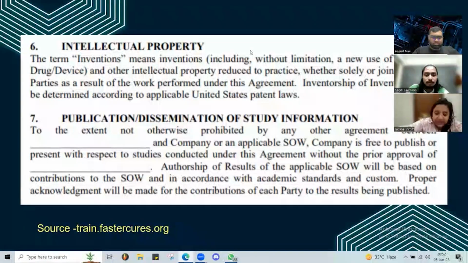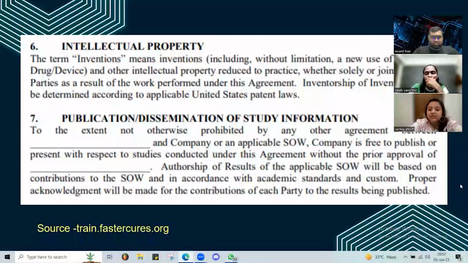That the company is taking the right that whatever information is collected for this particular research, if it is not prohibited in any other manner, we have the right to publish it and present it without taking the prior approval of the vendor. Because it is showing here that it has the authority, and whatever is happening in creating this particular project, all of that is mine. Hence, it doesn't require a prior approval.